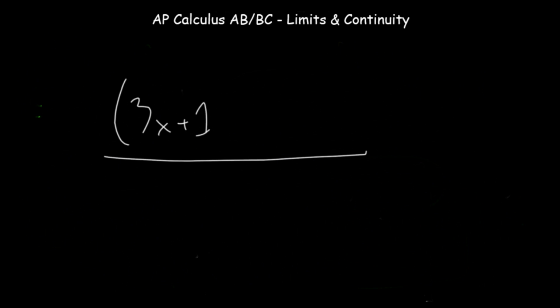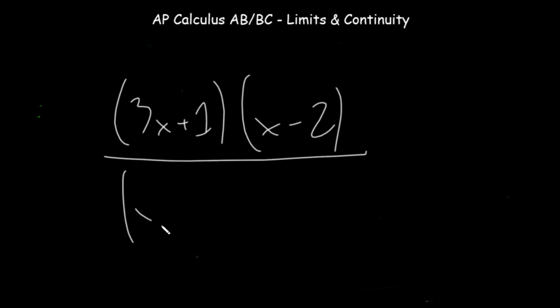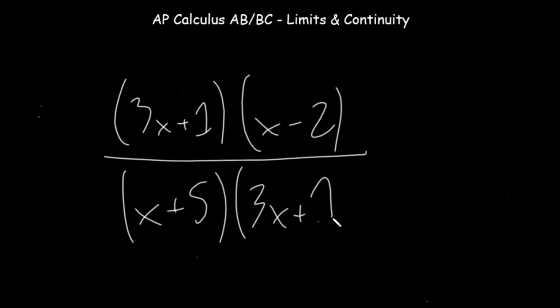Now let's go over removable discontinuity. So removable discontinuity is basically like this. Say we have x minus 2 over x plus 5, each multiplied by 3x plus 1. Looking at this graph, if you're experienced enough with rational functions and limits, you would understand that these two can cancel out, and we're left with x minus 2 over x plus 5.